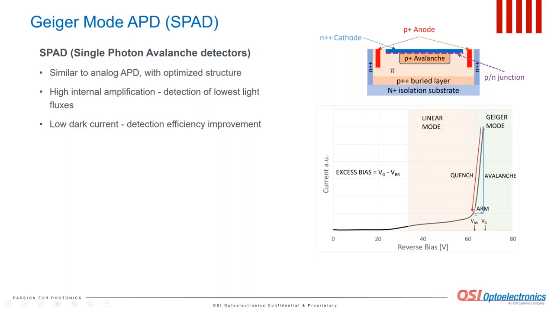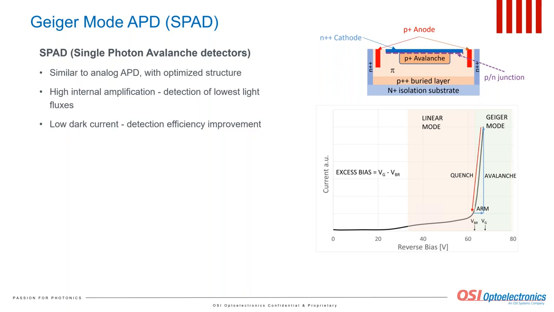As shown in this image, the excess bias can be a few volts in magnitude. This is enough to create an avalanche with the gain of more than 1 million on each incoming photon. As a result, the spike of the output current may reach a few picoamps in amplitude, which can be counted by the downstream electronics. The avalanche must be quenched immediately after it reaches the maximum, otherwise the device will be burned out.